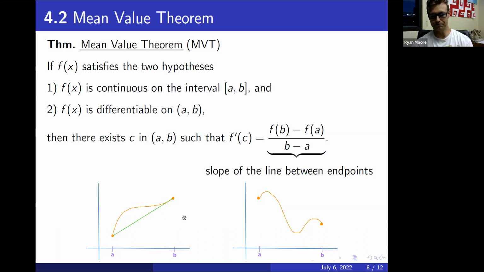Well, what if those endpoints had the same y value? Then the line connecting them would be a horizontal line and would have a 0 slope, of course. And so Rolle's theorem says, well, then there's some value in between where the tangent is still parallel to that line, it just happens to be horizontal, and so the slope is 0.